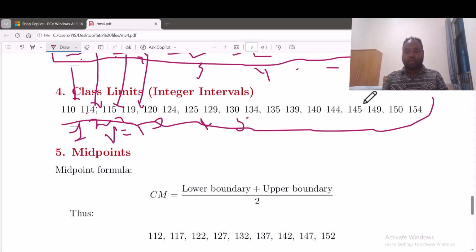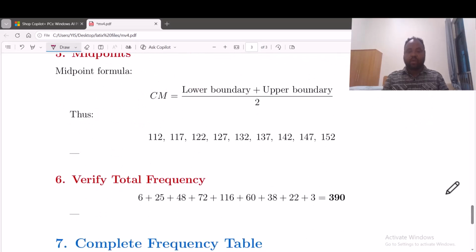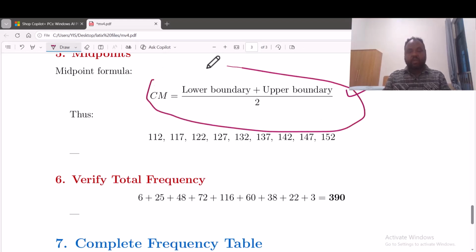The midpoint formula is given by this one. Having two consecutive class marks, to obtain the next class mark we add the class width to the immediate class mark, meaning 117 plus 5 is 122, and the same is true for the rest. We add 0.5 to this one to obtain this one.